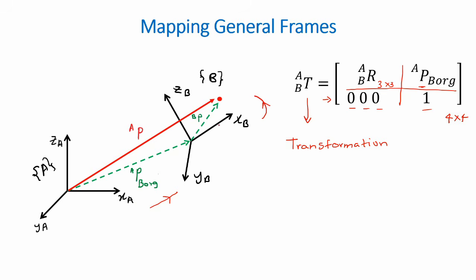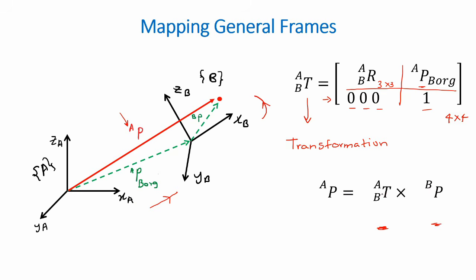Now we have the same scenario. We have a point represented in frame B, and we would like to express it in terms of frame A. To do this, you can simply multiply the transformation matrix with the position vector in frame B.